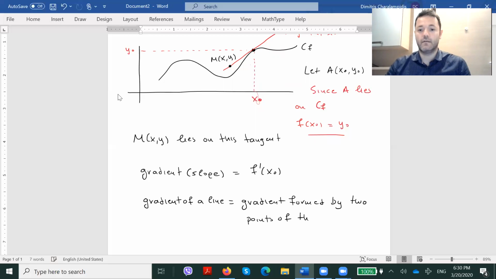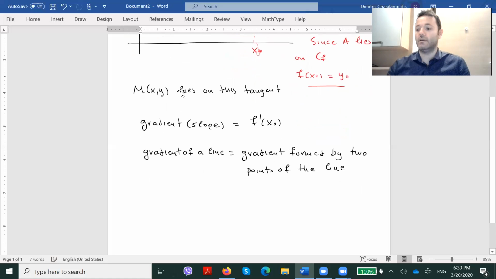Here, my 2 points will be point A with coordinates x0 and f of x0, and point M with coordinates x and y.